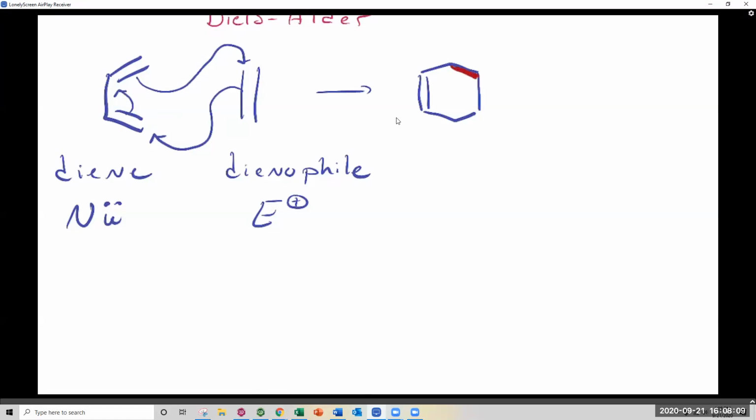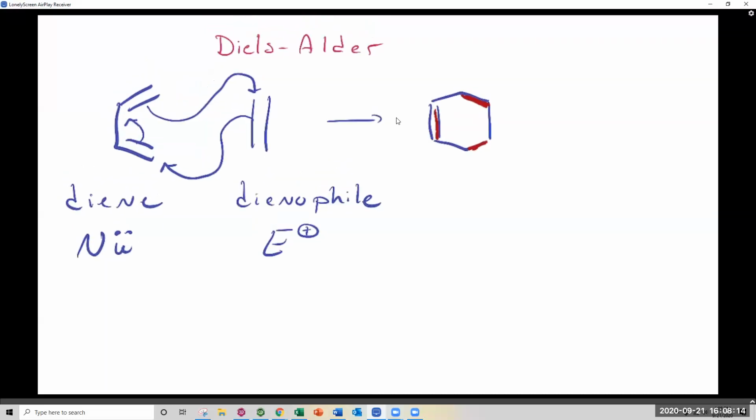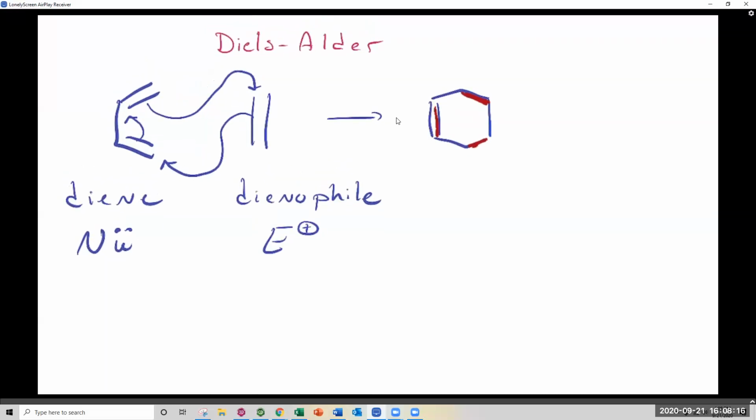Here, here, and here. So if you think about it in terms of delta H's, this reaction has a very large negative delta H because of what? Because we break 1, 2, 3 pi bonds that have an energy of about 68 kcals each.